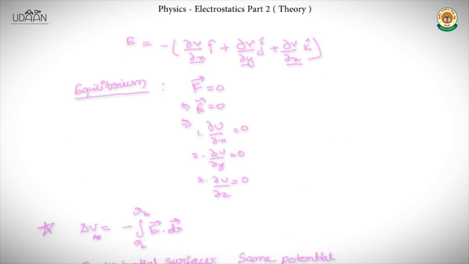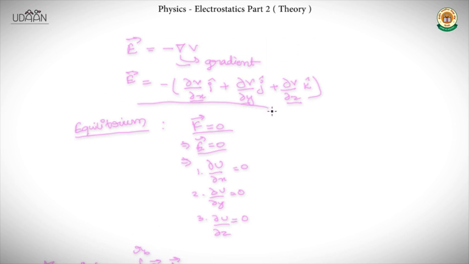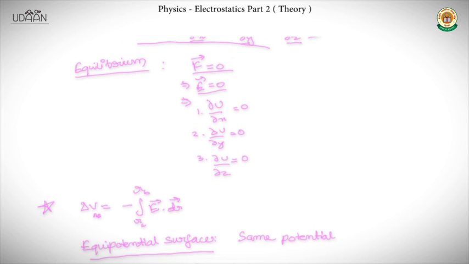So for equilibrium condition, what we know is the net force on it should be equal to 0. So if force is equal to 0, that means electric field is equal to 0. And from that, using this, we can conclude that if something is in equilibrium, then dou U by dou X is equal to 0, dou U by dou Y is 0, so all three must be 0.